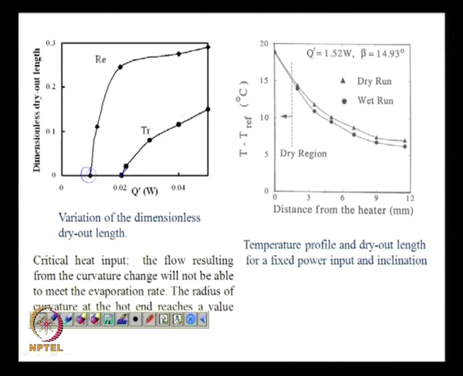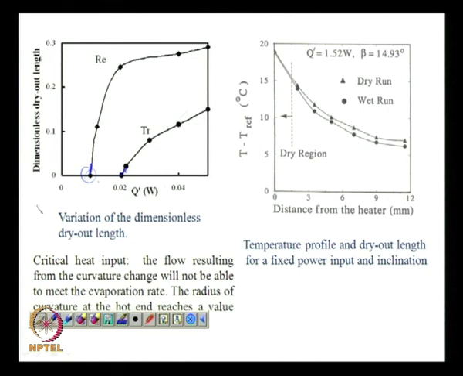Even with 4 corners compared to 3 corners of a triangular heat pipe, the rectangular heat pipe cannot be operated beyond a heat flux of 0.01 watts. And the dimensionless dry out length increases rapidly as I increase the heat flux.